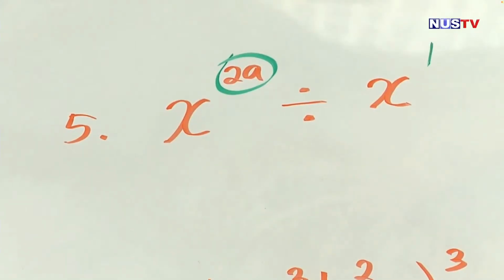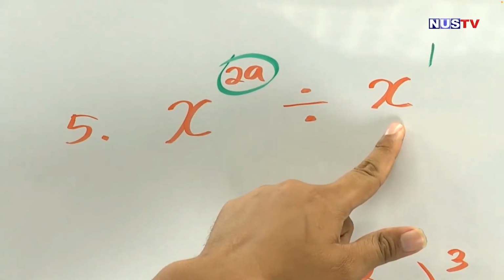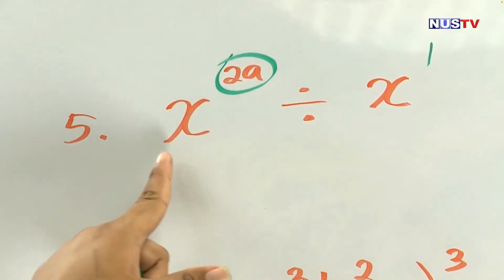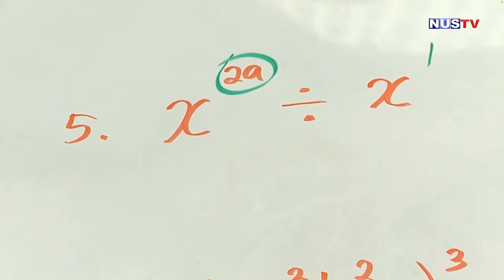But what can we observe from our laws of indices? When we divide two terms with the same base, this is base x, this is base x, all we have to do is to minus the power. And that is what we're going to do.